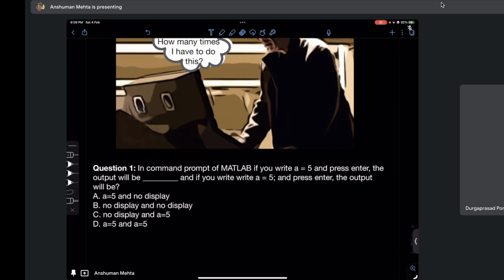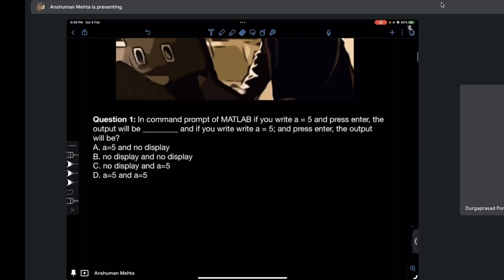MATLAB would be our primary software in which you would be doing a lot of numerical things, so all those questions are regarding MATLAB, so that you are worthy of using MATLAB. In the command prompt of MATLAB, if you write a equal to 5 and press enter, the output will be dash, and if you write a equal to 5 semicolon and press enter, the output will be dash.